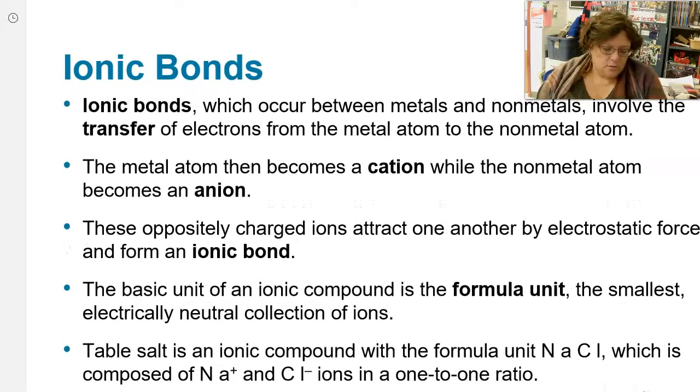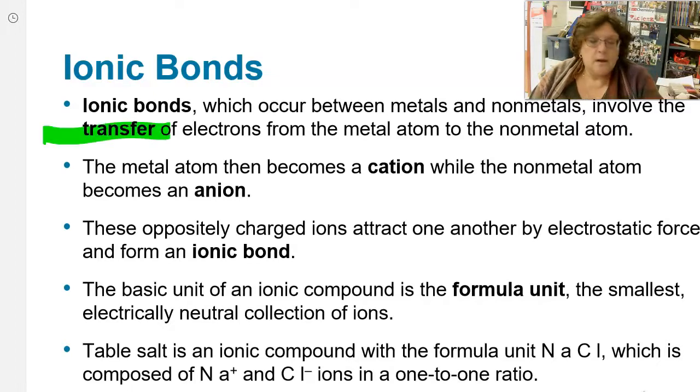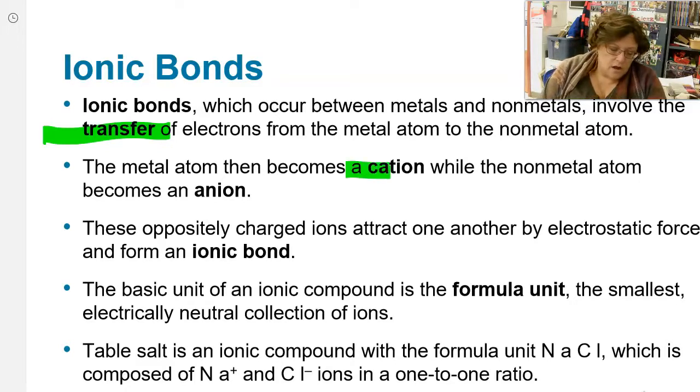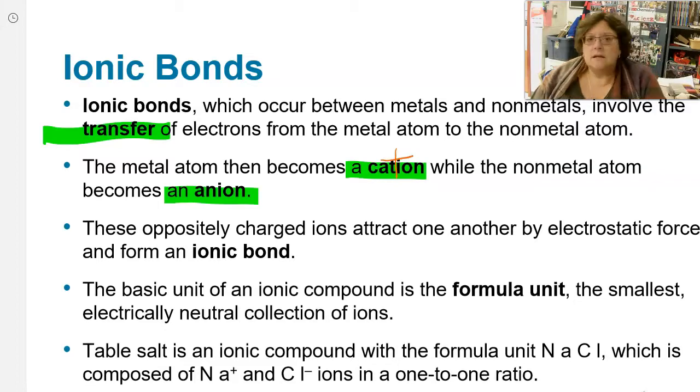Ionic bonds, which occur between metals and nonmetals, involve the transfer of electrons from the metal atom to the nonmetal atom. The metal atom then becomes a cation, while the nonmetal becomes the anion. One way to remember this, cation has a plus sign in the middle. The T could be considered a plus sign.